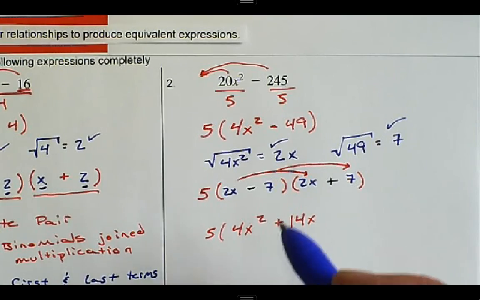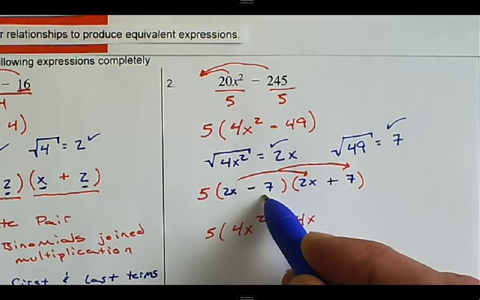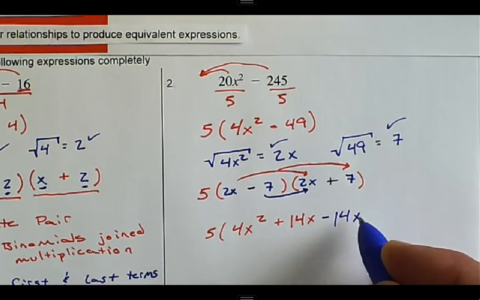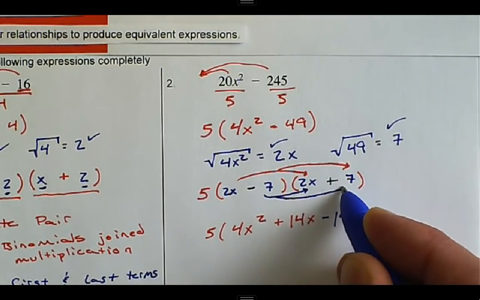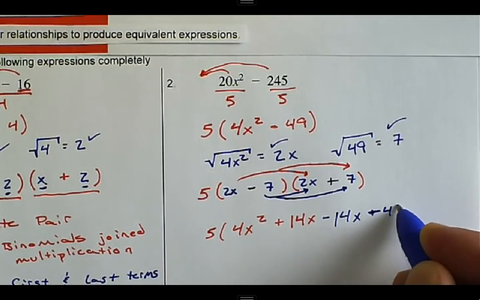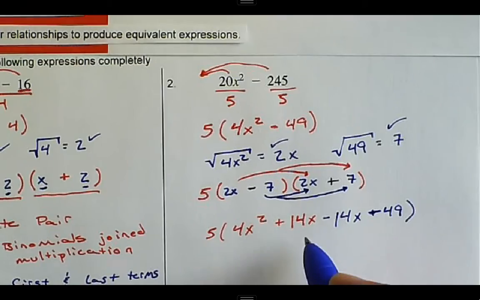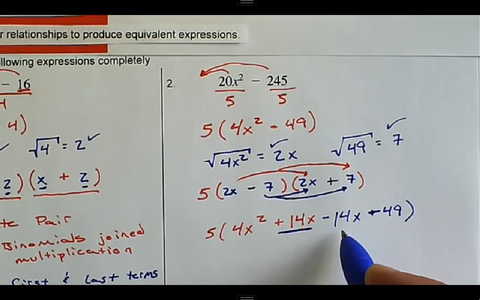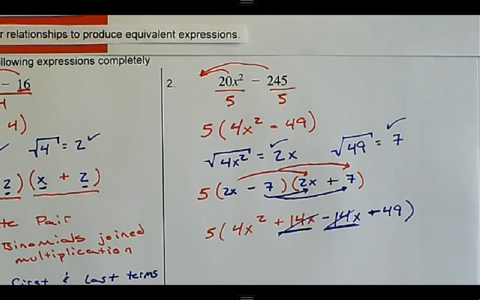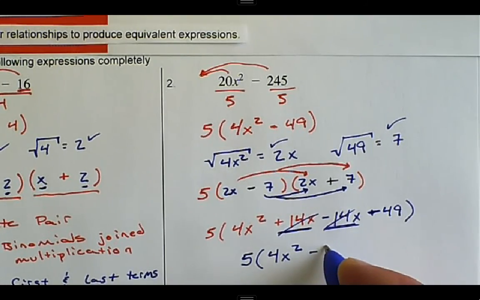Then negative 7 times 2x is negative 14x, and negative 7 times positive 7 is minus 49. So we have a plus 14x and a minus 14x. Those two terms cancel each other out, and so we're back to 5 times 4x squared minus 49.